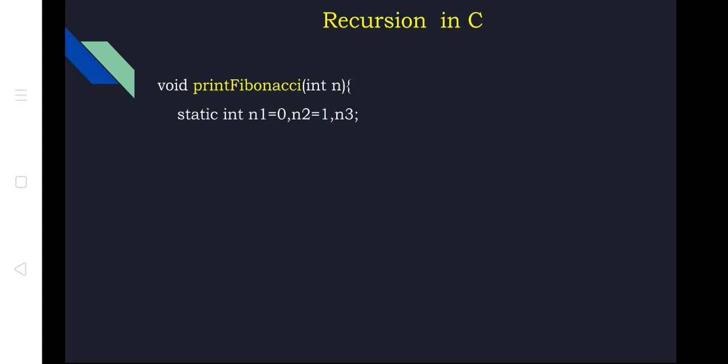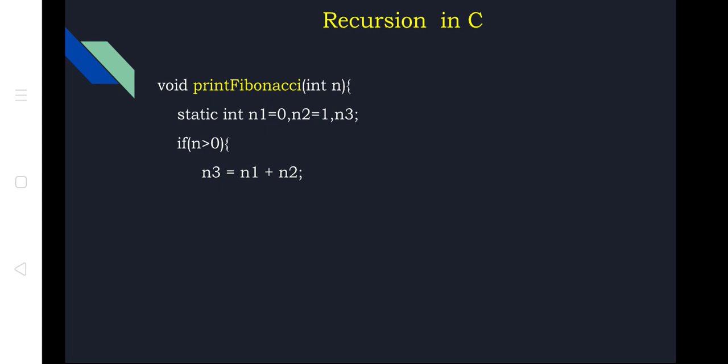Okay, so now we are checking the condition. If n greater than 0, open brace, n3 = n1 + n2. That means if you want to print the Fibonacci series, we are going to add the first two numbers to get the third number.